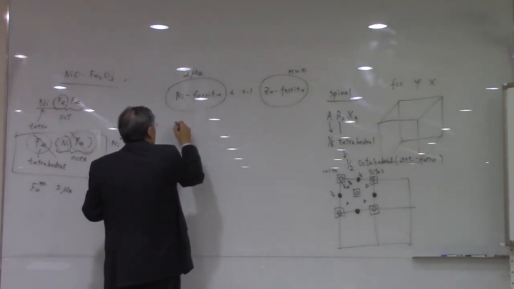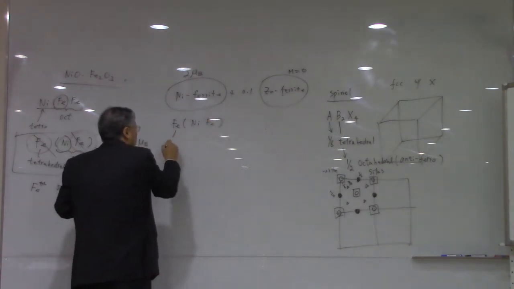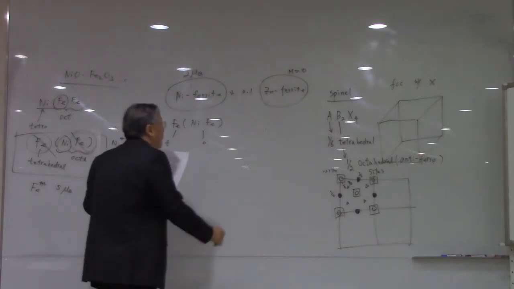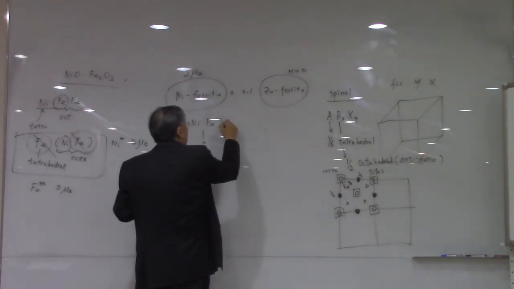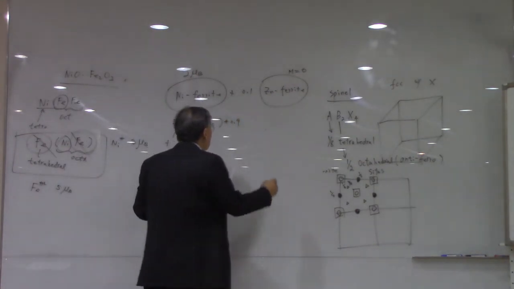Nickel ferrite, as I mentioned here, has Fe in the octahedral site. This is the tetrahedral, this is the octahedral site, right? And then it does have 0.9 atoms in here in this mixed structure.